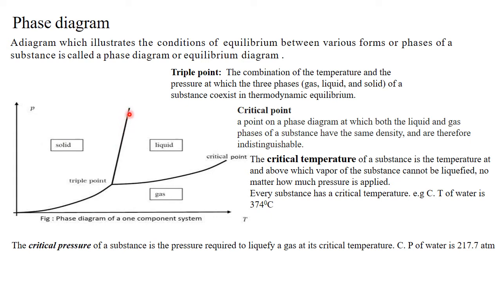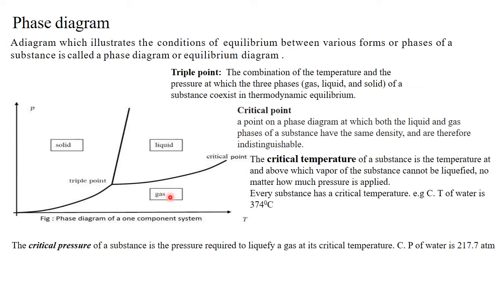Critical point: a point on a phase diagram at which both the liquid and gaseous phase of a substance have the same density and both phases are indistinguishable is called a critical point. The pressure condition and the temperature condition at this point are called critical temperature and critical pressure.